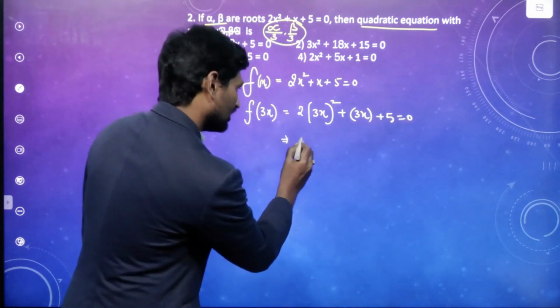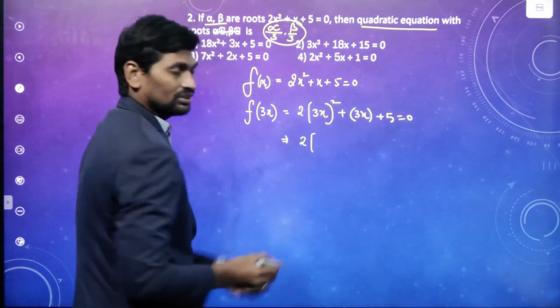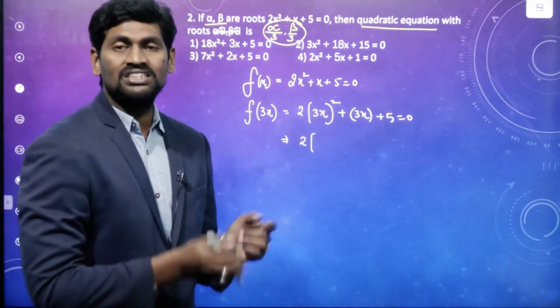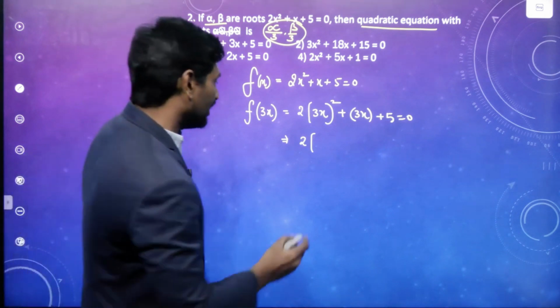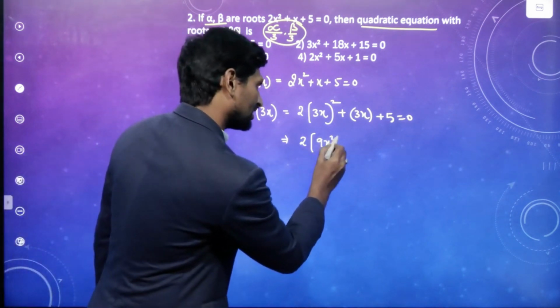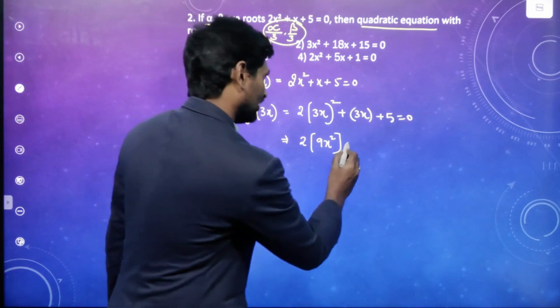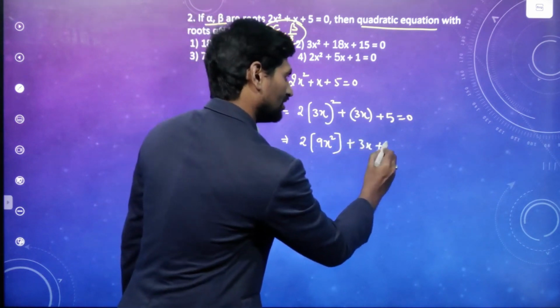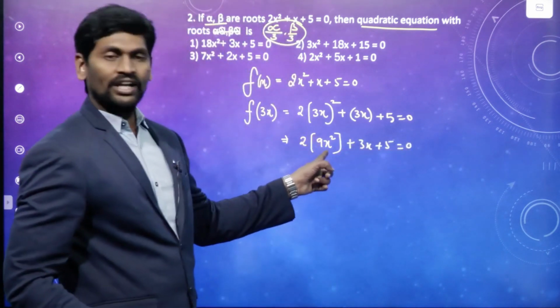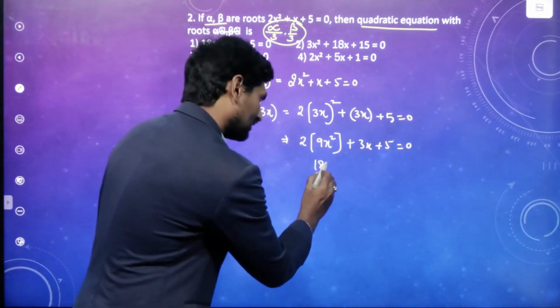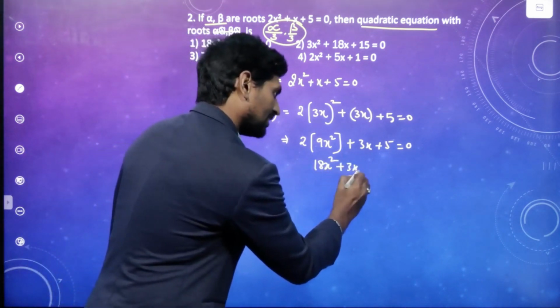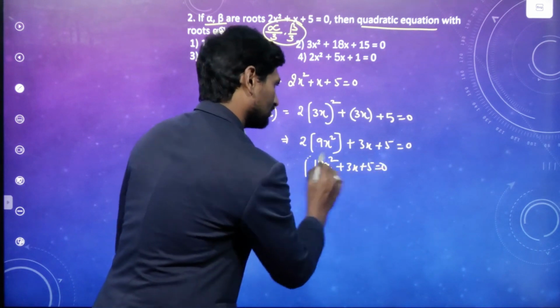That implies 2 into 3x whole square. 3x whole square means 3x into 3x. That means 3 into 3, 9. X into x, x square, 9x square plus 3x plus 5 equals to 0. Now 9 into 2, 18. So 18x square plus 3x plus 5 equals to 0. Done.